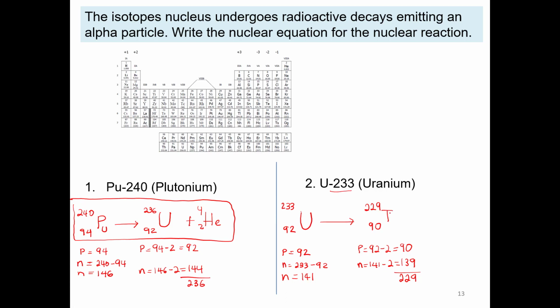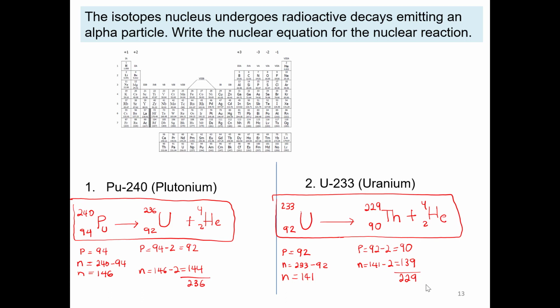And this thorium plus the alpha particle. And this corresponds to the nuclear equation for the alpha decay of this isotope of uranium.